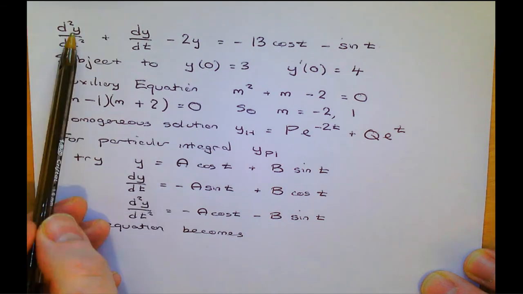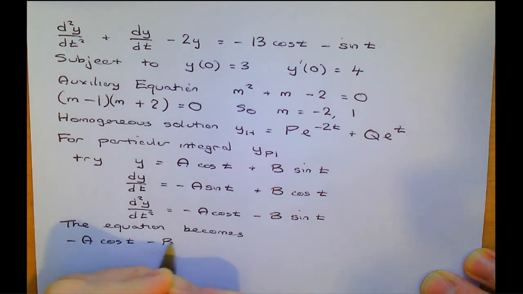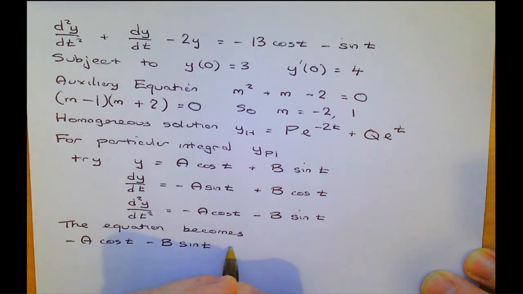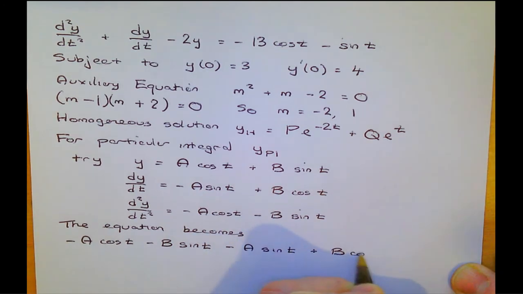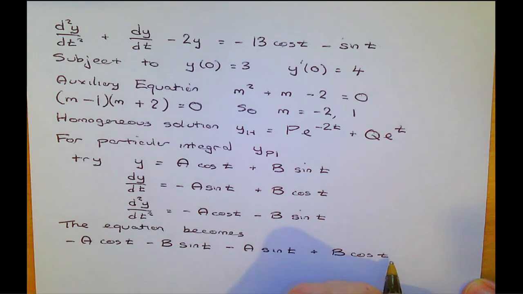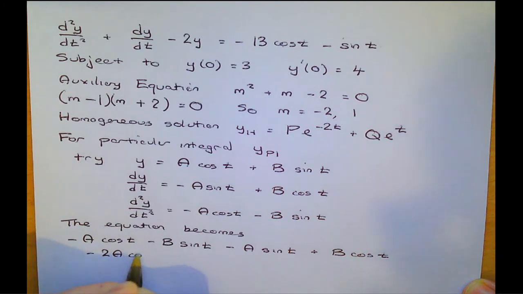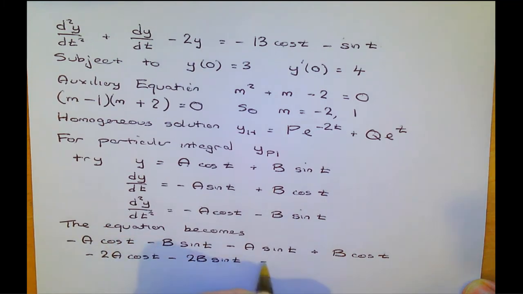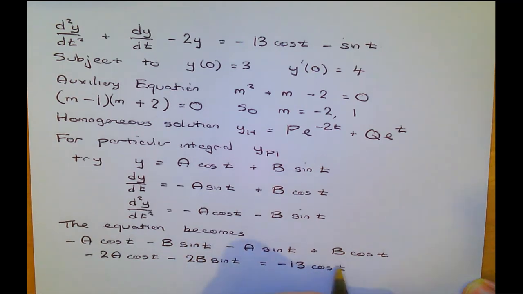The second derivative, that's minus a cos t minus b sine t, plus the first derivative, so that's minus a sine t plus b cos t, minus twice the function, minus 2a cos t minus 2b sine t. That's going to equal the right-hand side, minus 13 cos t minus sine t.